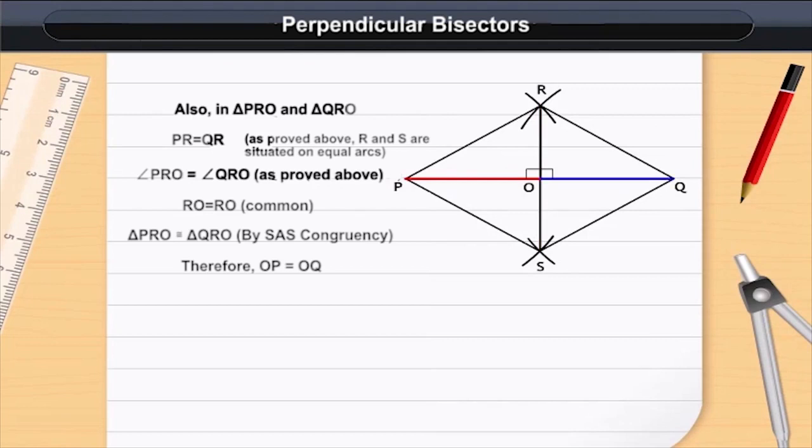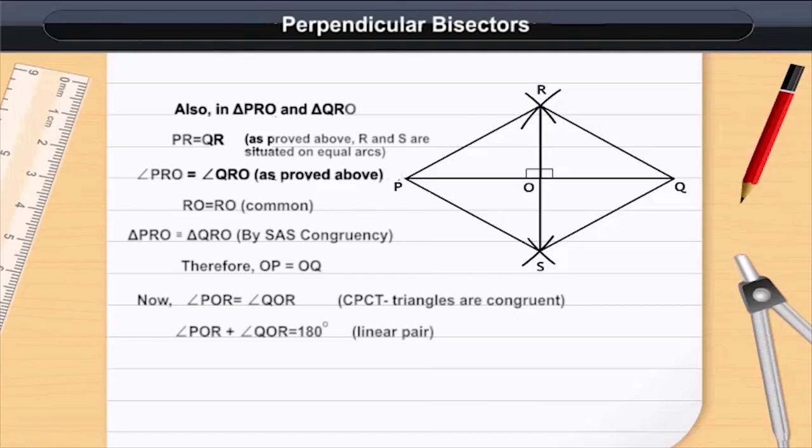But one thing that we have not proved yet is whether the line segment RS is perpendicular to the base PQ or not. We again take the help of corresponding parts of congruent triangles. Now, angle POR and angle QOR are equal, but angle POR plus angle QOR should be equal to 180 degrees because this is a linear pair, a straight line.